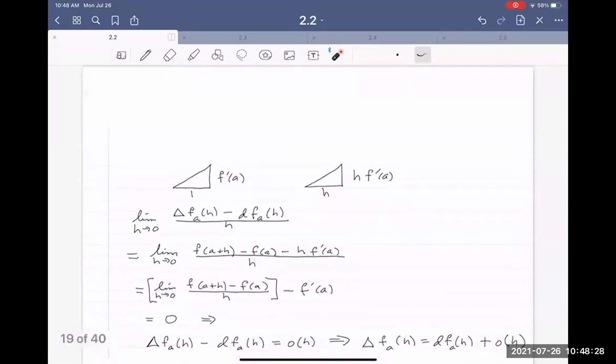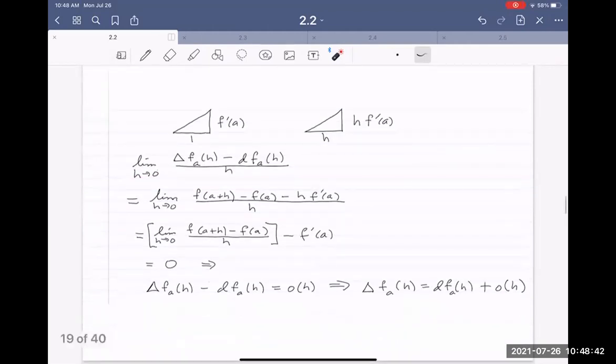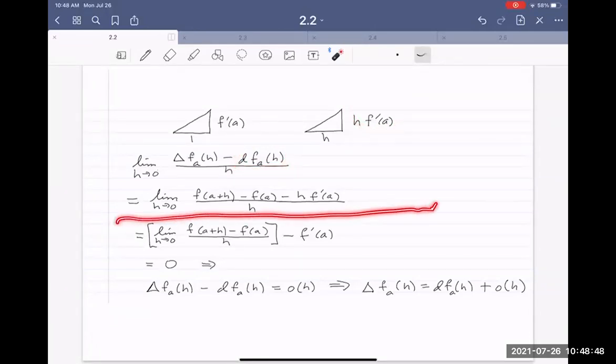And so the limit as h approaches 0 of (delta f sub a at h minus df sub a at h) divided by h is equal to, well, this is my delta y.